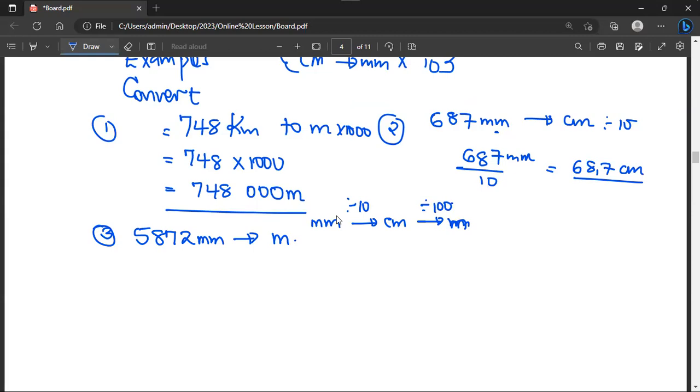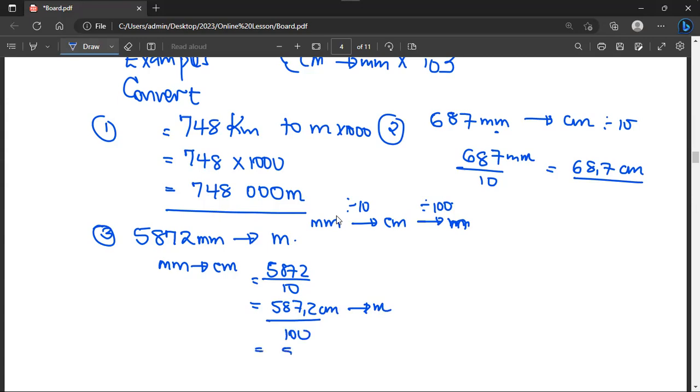Let's start with step number 1, millimeters to centimeters. But the answer you get now is in centimeters, so we need to change them to meters. We divide it by 100.